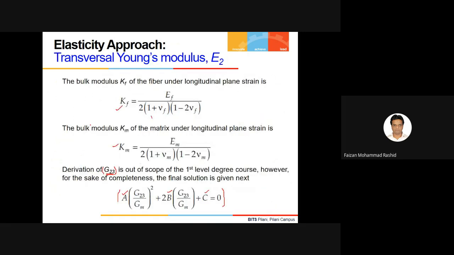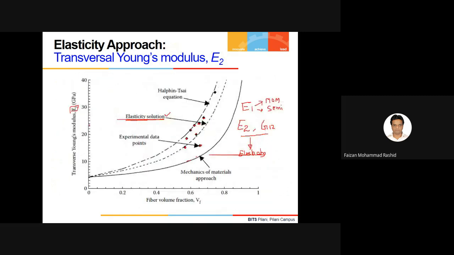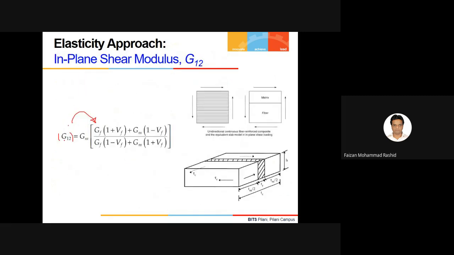If you want to solve those and do the calculation, a lot of time is required. Here G12 comes with familiar terms: shear modulus for matrix, shear modulus for fiber, fiber volume fraction. So it is okay, at least compared to the E2 calculation.